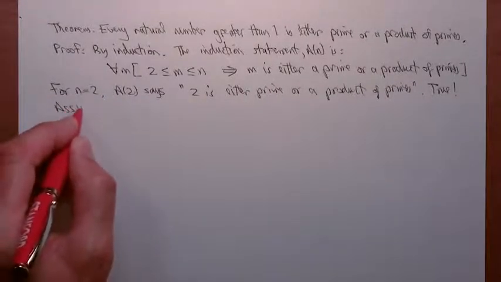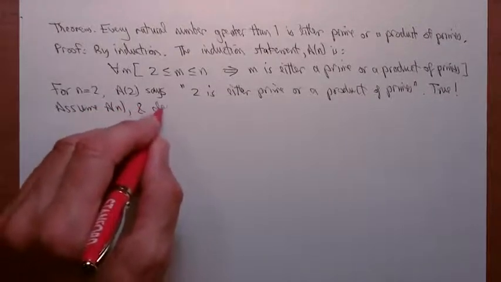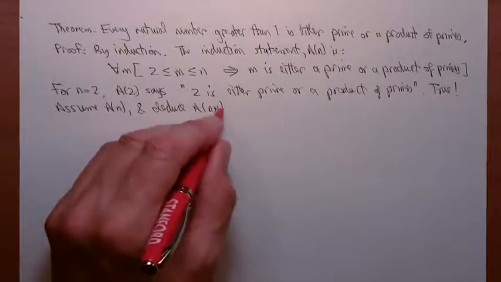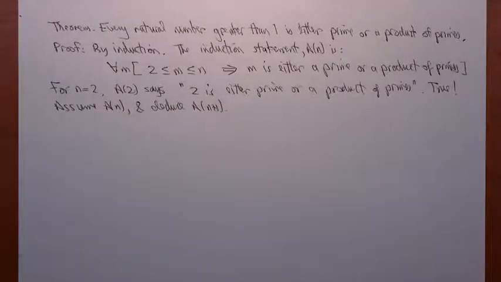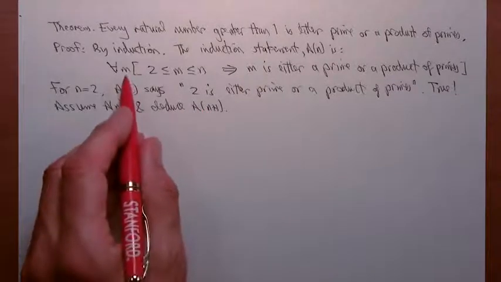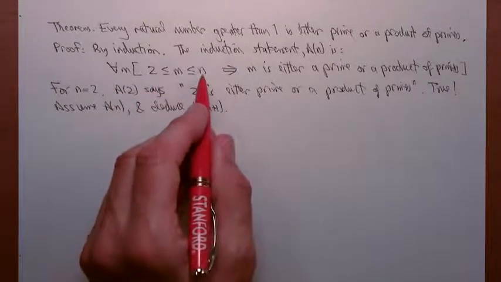Now we're going to assume A(n) and deduce A(n+1). Well, A(n+1) is going to talk about all numbers m between 2 and n+1. So let's look at one of those m's.